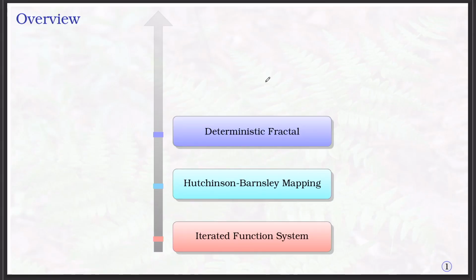Then we are defining the deterministic fractal via this Hutchinson mapping on the hyperspace of the given complete metric space X. It means we are going to obtain the deterministic fractal as a fixed point of the Hutchinson-Barnsley mapping.